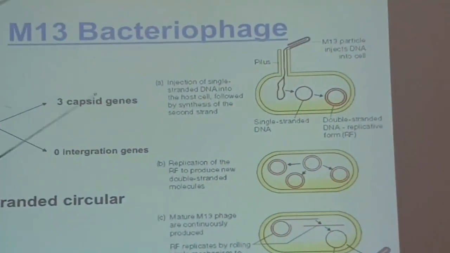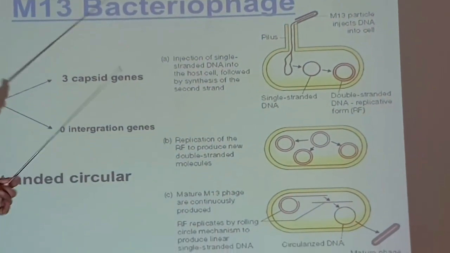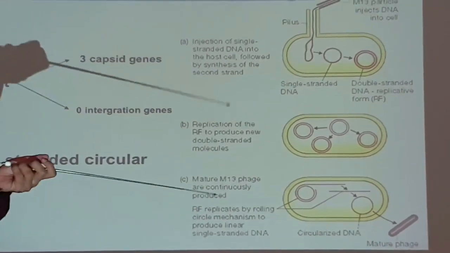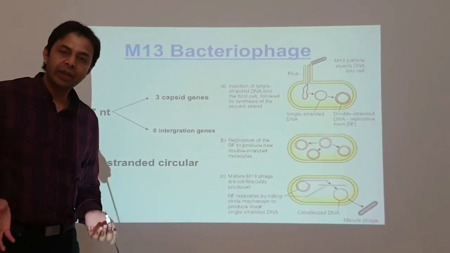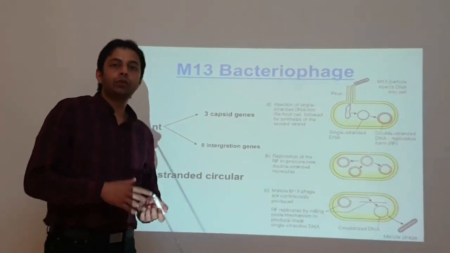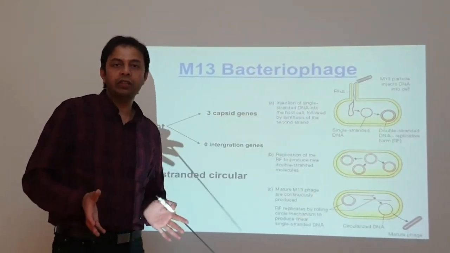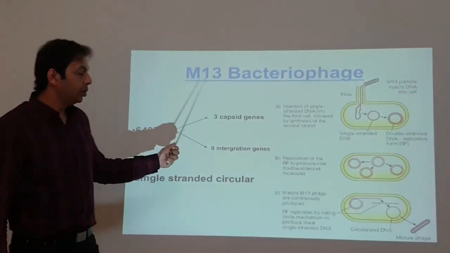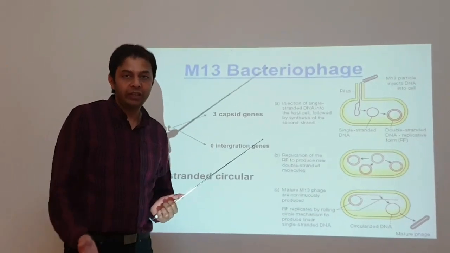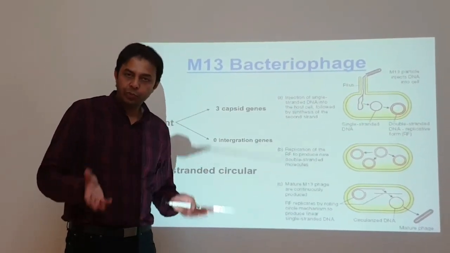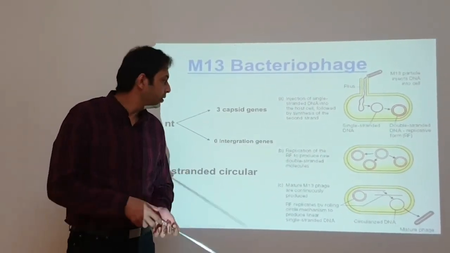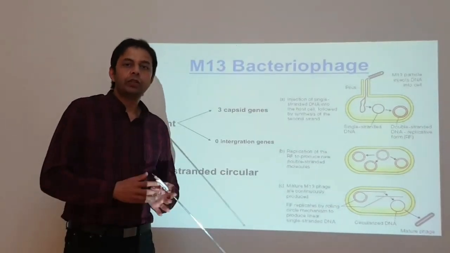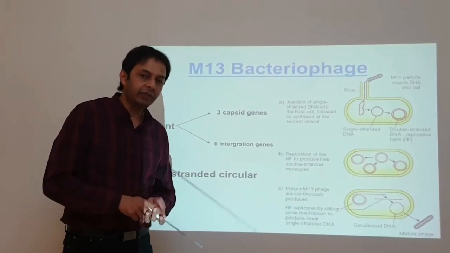The genome of M13 is a small genome, and it has a large capacity to take a foreign gene of interest. That is why this bacteriophage is very important in recombinant DNA technology: it is very small, easy to handle, and has a large capacity to take foreign DNA of interest.